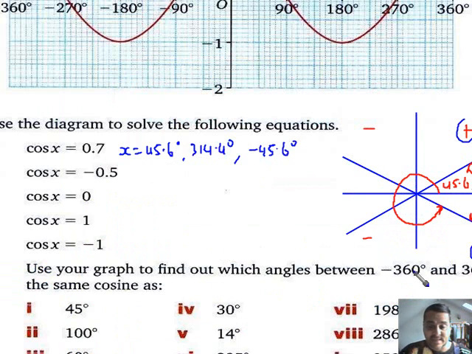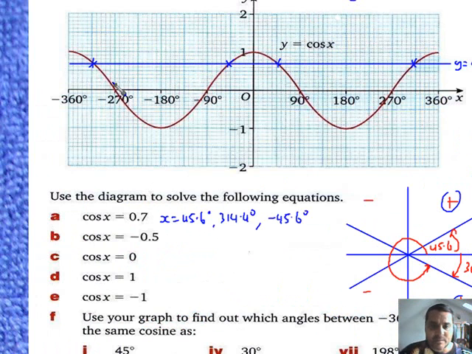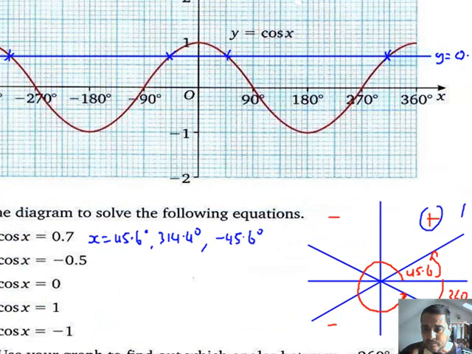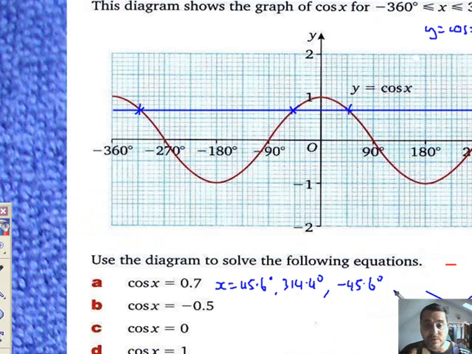And that's that. Now what about this one here? What's this one going to be then? Minus something? It is. If we start from here and go anti-clockwise, let's just draw it in so you can see, we hit that place there, so we're looking at 360 take away 45.6, so that's going to be the negative value of 314.4.